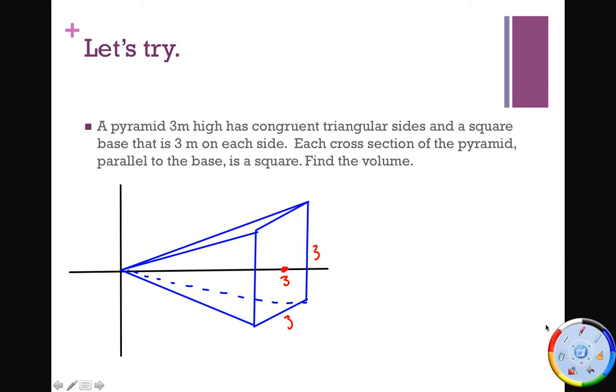So if we were to take a cross section right in here somewhere, this cross section is a square, and it has side lengths of x and x. And I know it's a square because it tells me the cross section parallel to the base is a square.